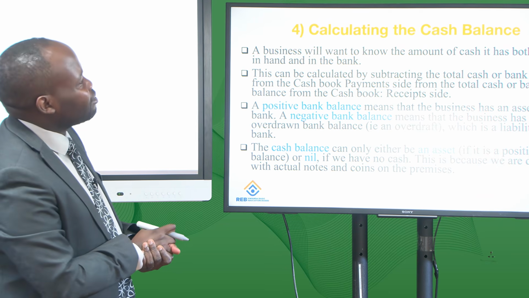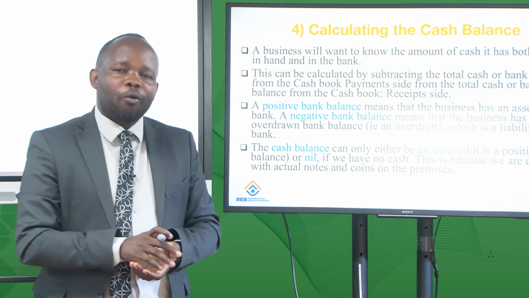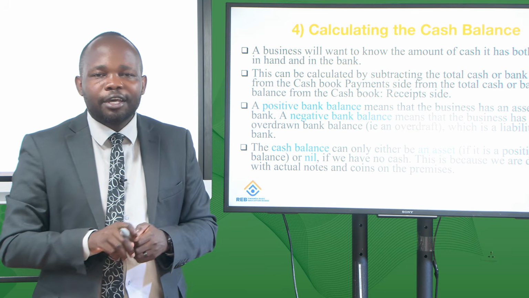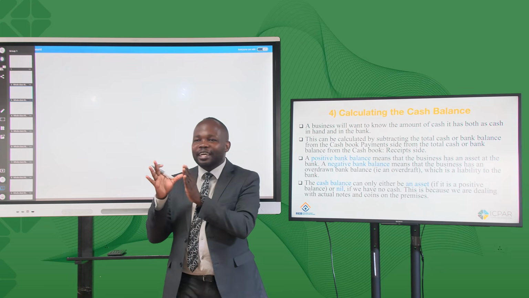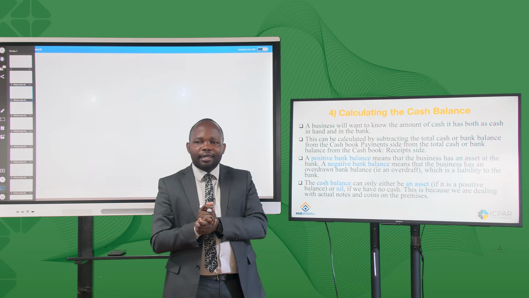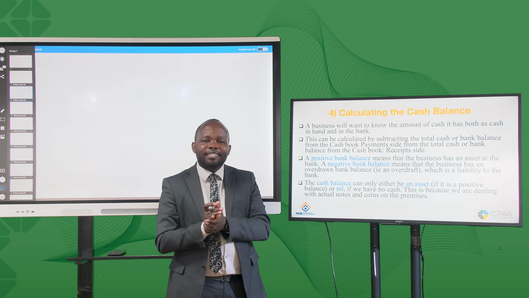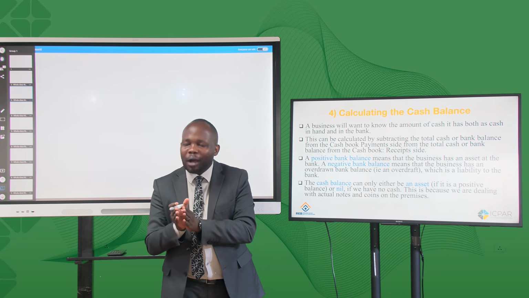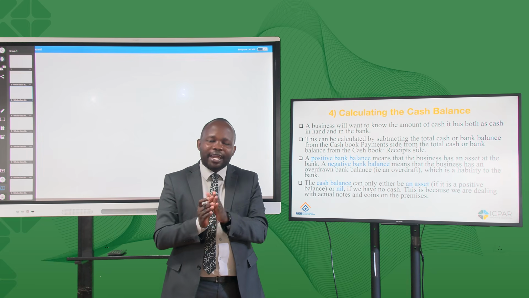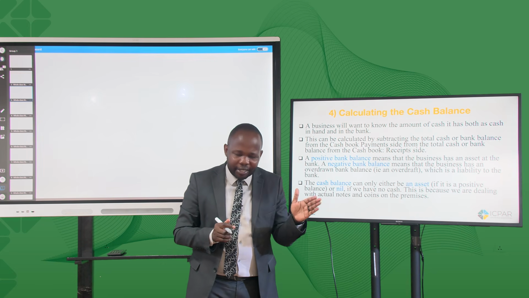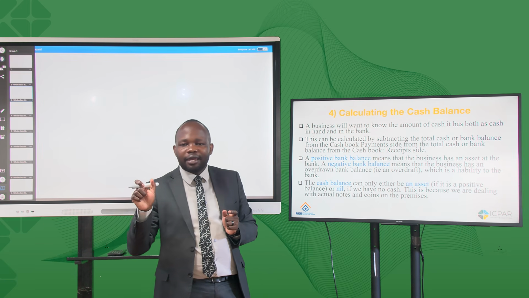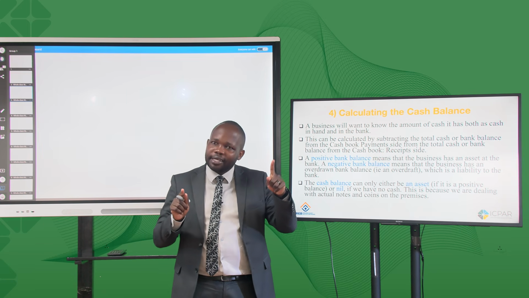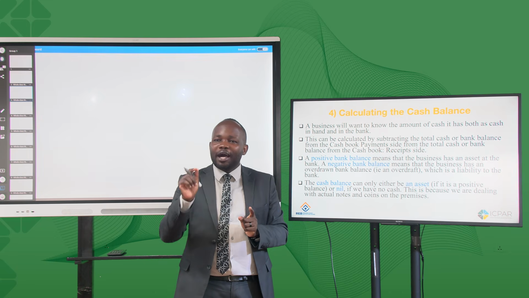Number 4, calculating the cash balance. Once you have gotten the totals, you need to compare the difference between the debit side and the credit side. The side that is less gives rise to a balance. So you get the total of the cash in the debit side, maybe it's 1 million. The total in the credit side is maybe 800,000. It means there is a difference of 200,000.